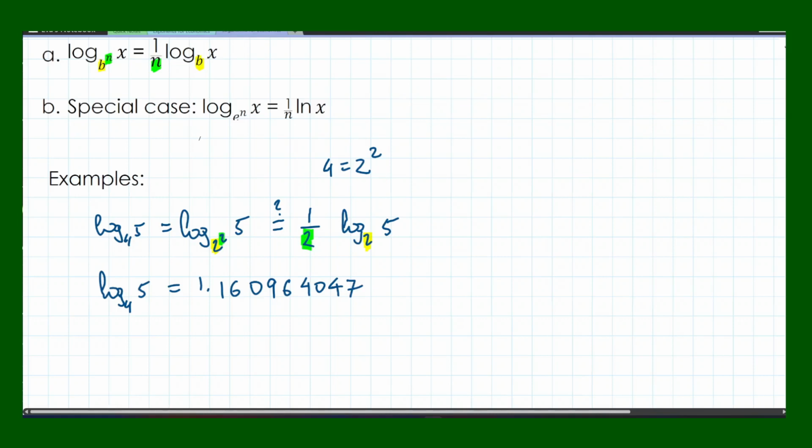The next thing I want to check is what 1 over 2 times log base 2 of 5 is equal to. Using the calculator, that gives me 1.160964047. Well, I shouldn't have any surprises, because these rules have been around for thousands of years, so I shouldn't really come up with a result that the two are not equal.